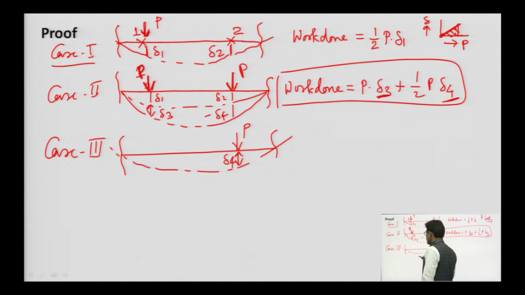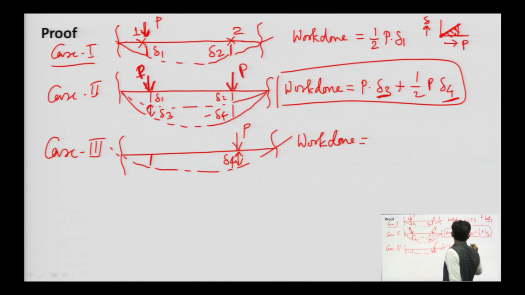So, del 4 will be here, and here what will be the ordinate? Due to this force P. Let us write first half of work done. So, work done will be equal to half P into del 4.